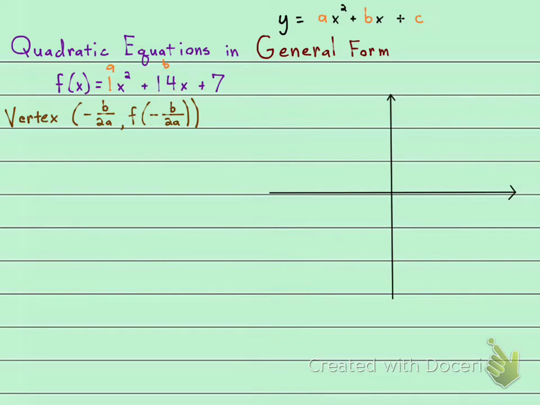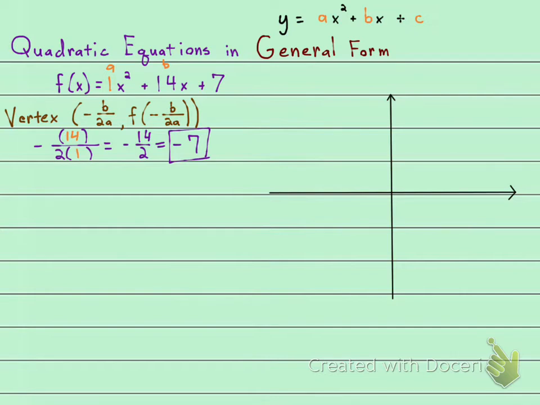So the vertex is going to be negative b over 2 times a. B is 14. A is 1. Simplify that, and you will get negative 14 over 2, which is negative 7. Okay, so that's the x part of the vertex.